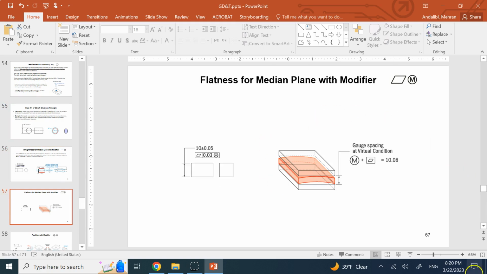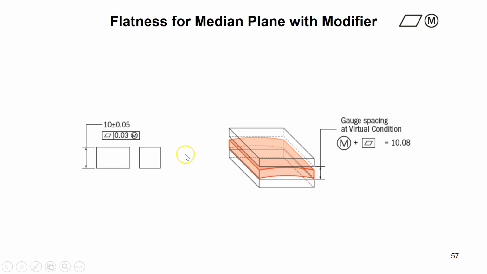Another example. Let's talk about flatness here. So if this is a box, basically, and this dimension is 10, and we say I want the median plane, not line, because it's flatness and flatness is 3D, so we are talking about the median plane. I want the median plane of this box to be flat with a tolerance zone of 0.03 at MMC. What does that mean?